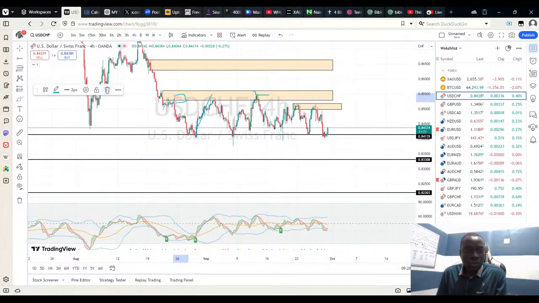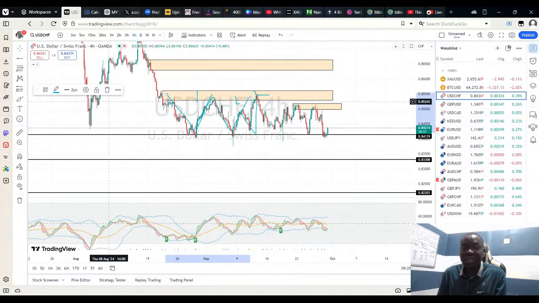Sorry, let me recap it. This is the drop, they came back there, the drop, they came back there, they still drop, they came back here. So this is 1, 2, 3. It means that they are going to range for a very long time there. That is what it just means.